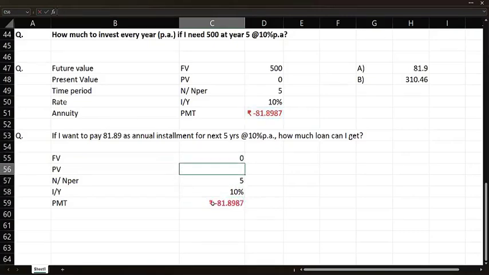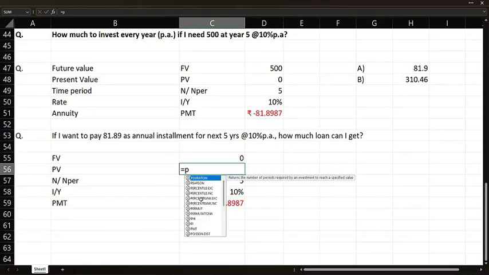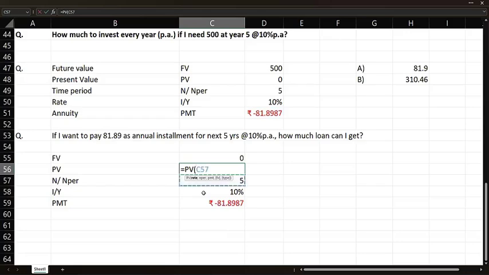So now you simply specify this in your PV: specify the rate here, the number of periods, PMT is this much. Future value is 0, so I can simply close that, and that gives me 310.46, and that is the exact answer. All right, everyone.